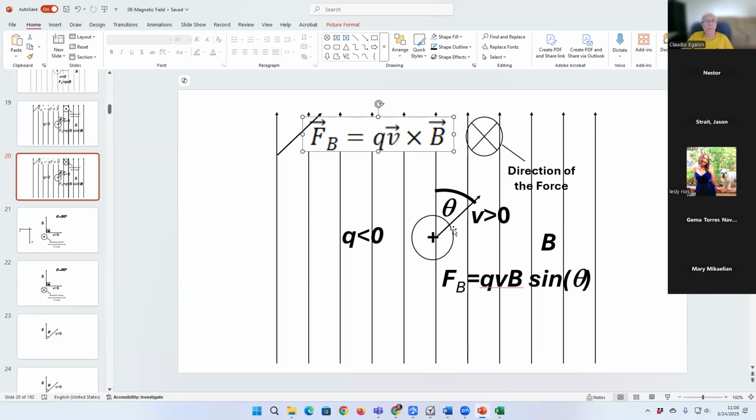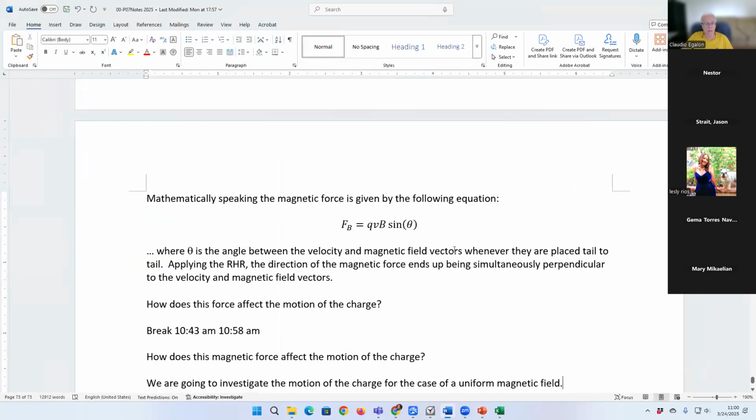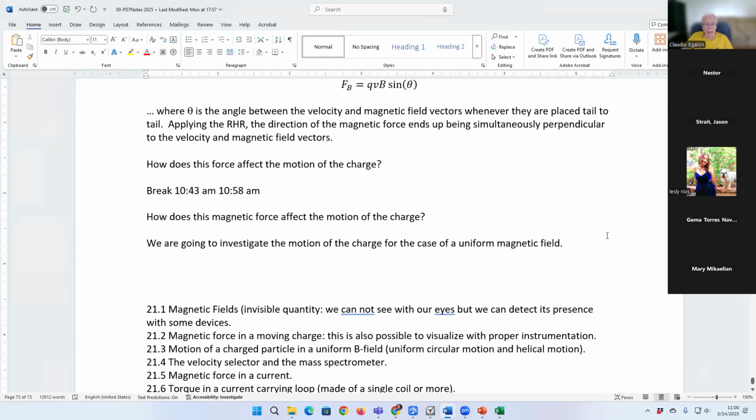What does it mean that the magnetic field lines are evenly spaced? It means that the magnetic field is pointing in a single direction, and also the magnitude of the magnetic field is the same throughout this space. It's possible to produce a uniform magnetic field, and we're going to see later on how.